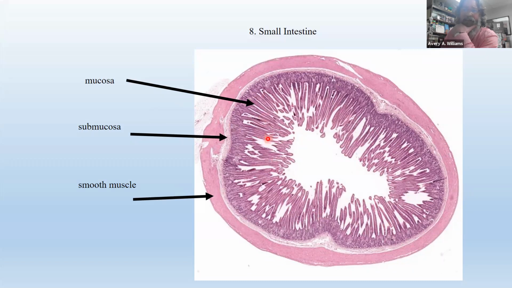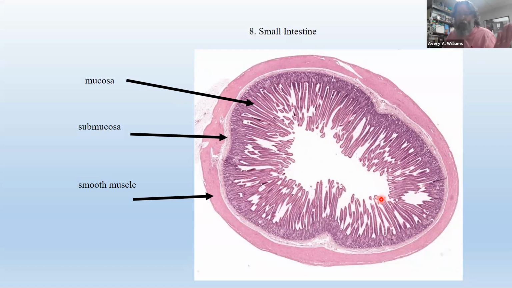These are called villi, and the villi are in the intestine to help maximize the surface area. And you want to maximize the surface area for absorption, because this is where all your nutrients are going to be absorbed into the bloodstream. It's in these little villi. You're going to have capillaries and so on and so forth. But nothing looks like this.